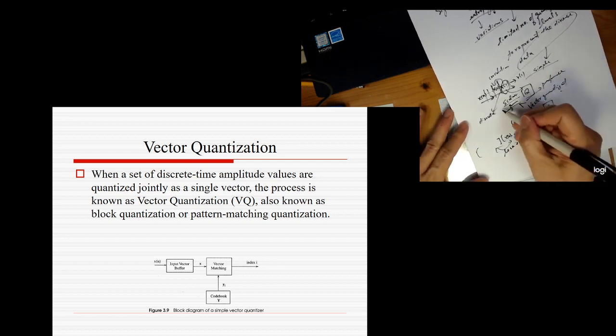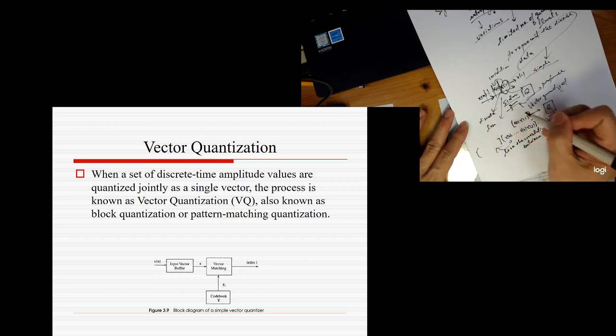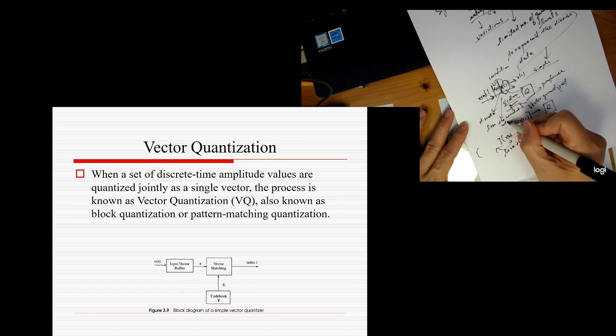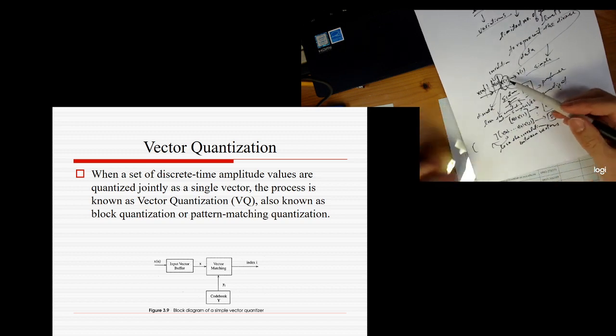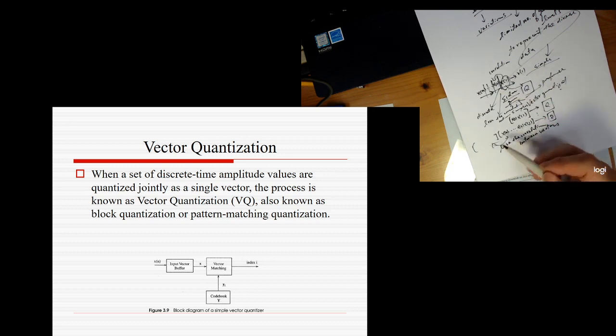Scalar quantization loses the correlation between samples, so it loses more because it is sample based. Vector quantization only loses correlation between vectors.